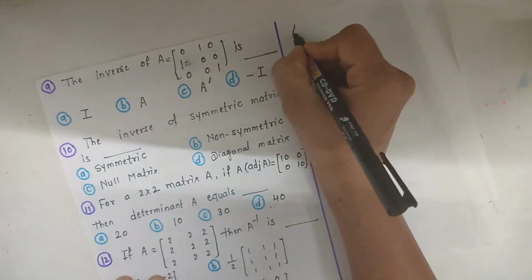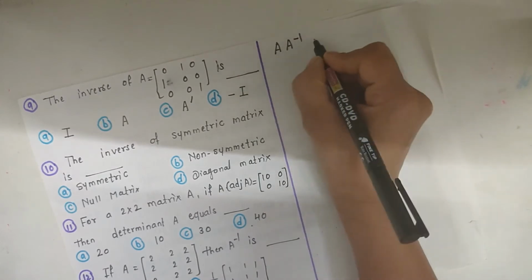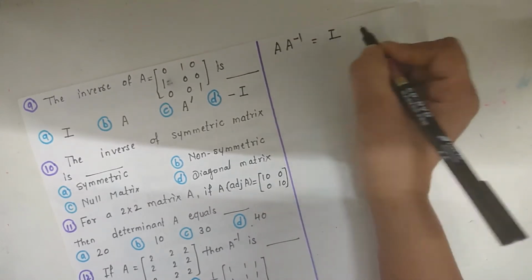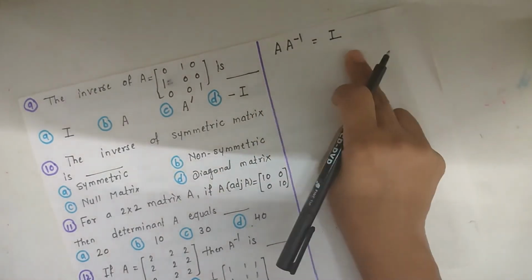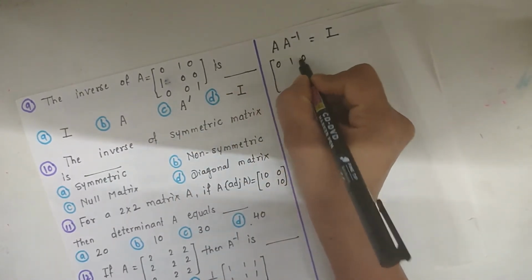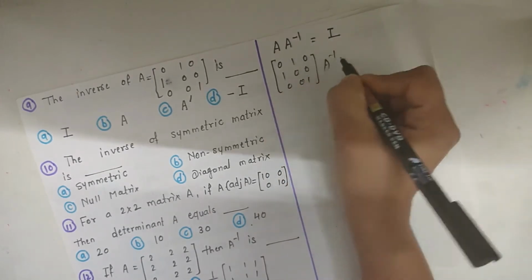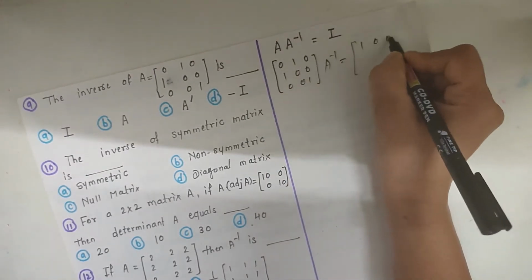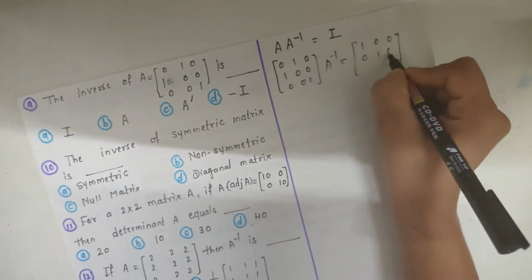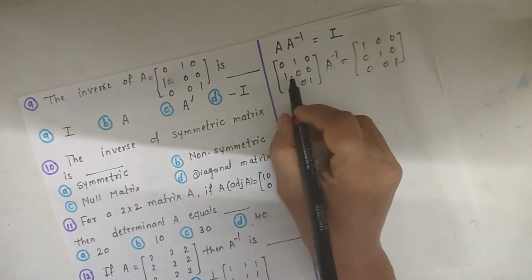So write the equation of the inverse: A into A inverse is equal to identity matrix I. A is the given matrix, 0 1 0, 1 0 0, 0 0 1, into A inverse is equal to the identity matrix with elements 1 0 0, 0 1 0, and 0 0 1.